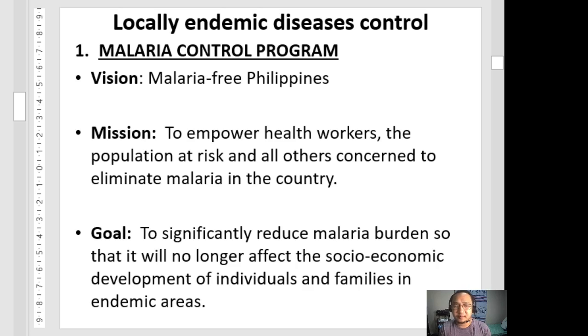And the goal is to significantly reduce malaria burden so that it will no longer affect the socioeconomic development of individuals and families in the endemic areas.